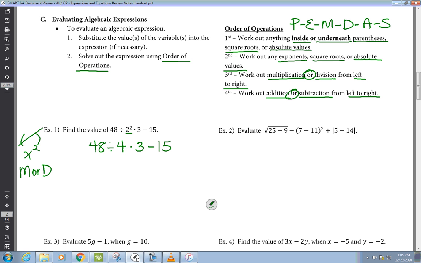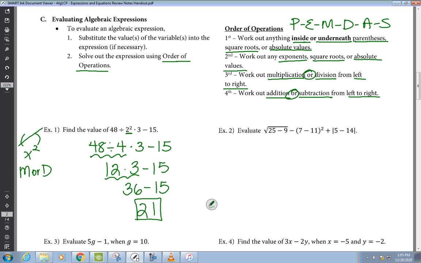So you see 48 divided by 4 and you see 4 times 3. Remember, you always go from left to right. So that means 48 divided by 4 gets done first, which is 12. And then 12 times 3, which would be 36. 36 minus 15 leaves you with 21. So that's your final answer.